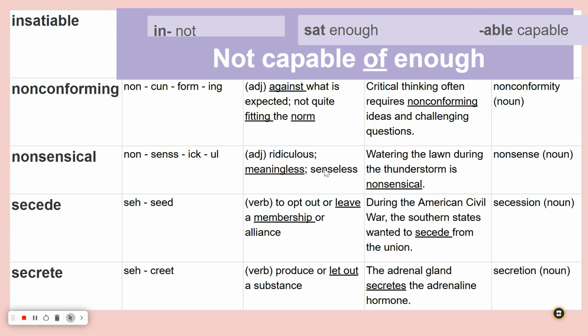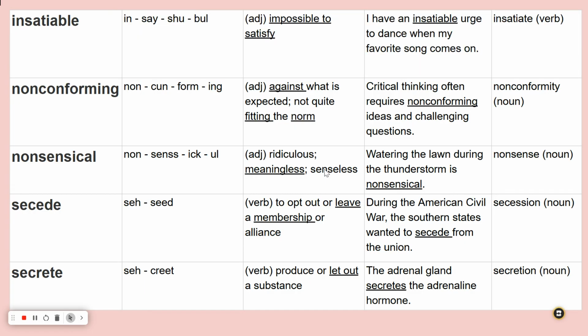We don't want to stress that able part too much. We want to put more emphasis on our not and enough. So let's double check. Let's look at our definition. Do we have not capable enough? We kind of do.